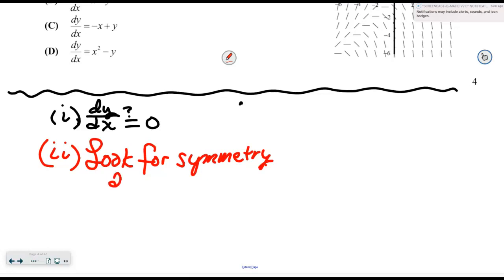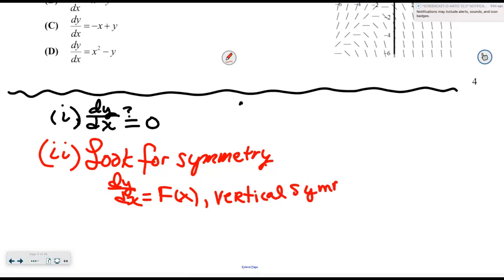If your derivative is just some function of x, x squared plus sine x, or e to the x times cosine x, or there's only x's on the right hand side, what you're going to have is vertical symmetry. I'm going to go show you one of each of these in just a second. Vertical symmetry. What I mean is, if there's a 1 here, then this 1 here, it'll be the same vertically all the way down.